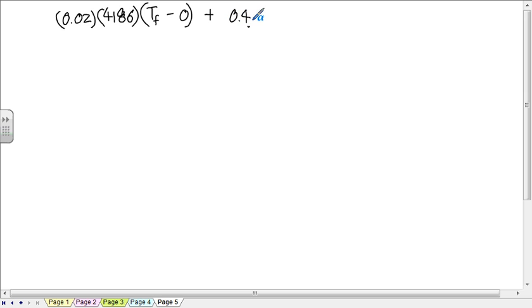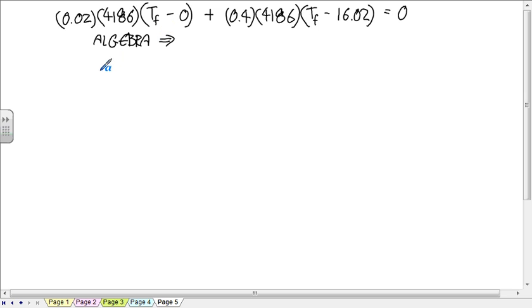And then 0.4 times 4186 times T final minus, what was the temperature of the big pocket of water? Yep, 16.02, is equal to 0. And if you multiply all this out, go through all the algebra, you get that the final temperature is equal to 15.26 degrees Celsius.